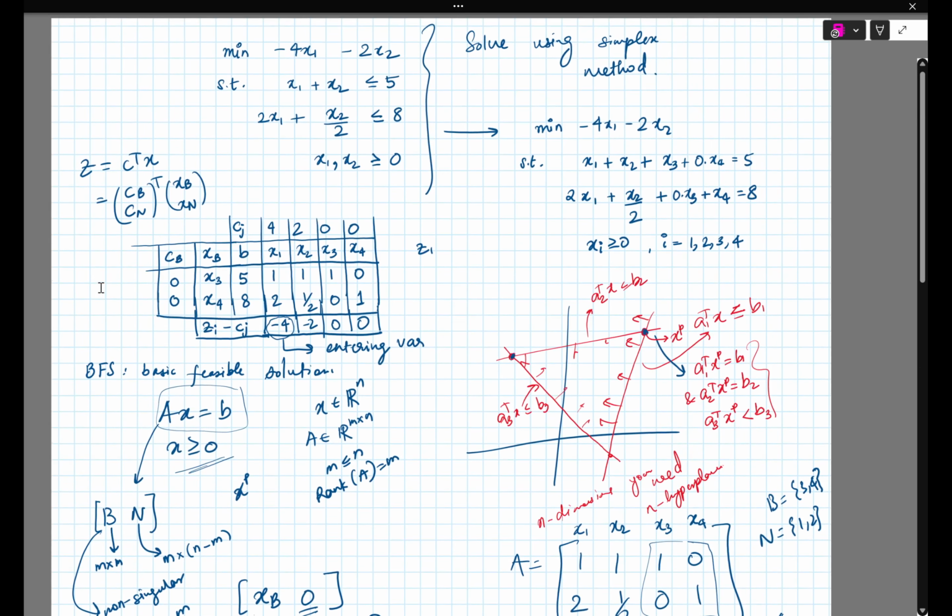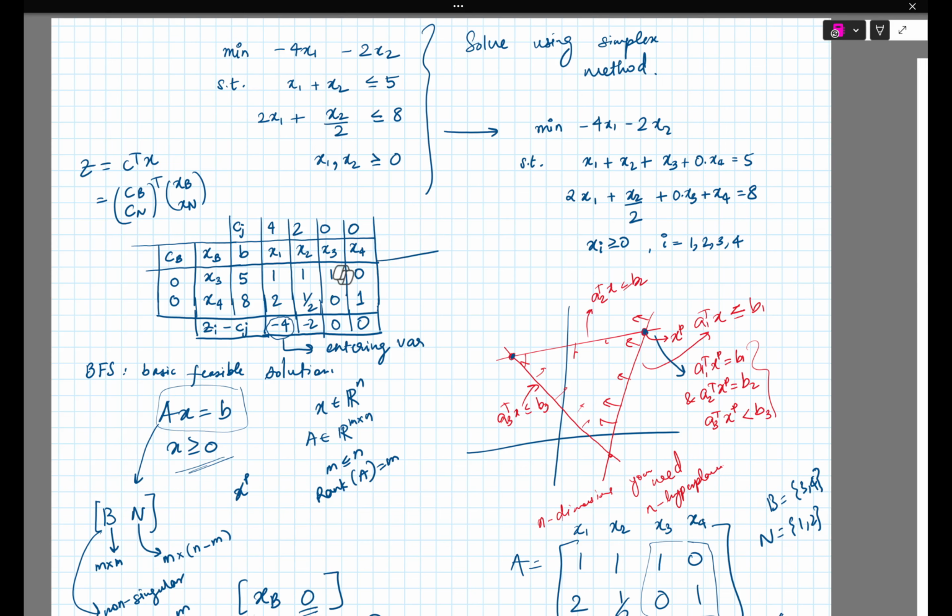So here if you look at it, if you want to compute the ratio, b i by a i k, and b is 5, and this is k is 1, we got 5 by 1 and 8 by 2, that is 4.